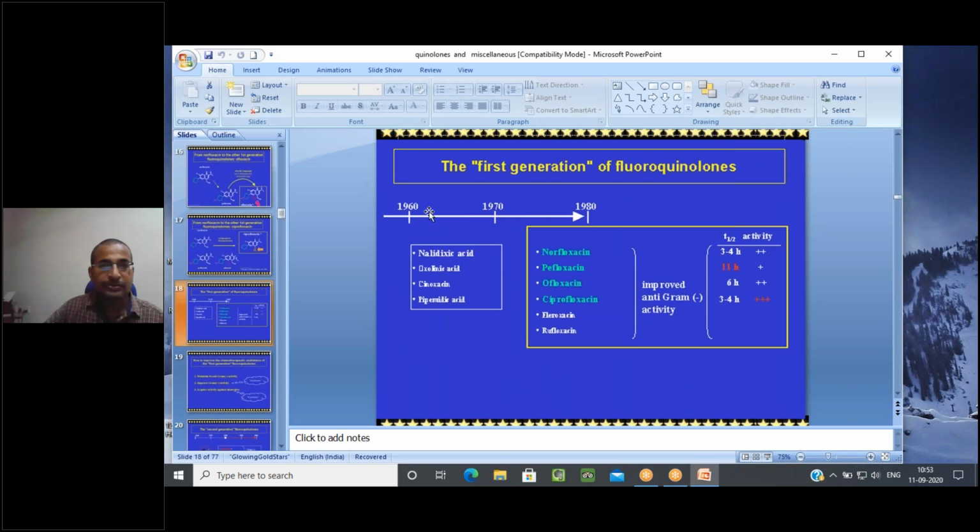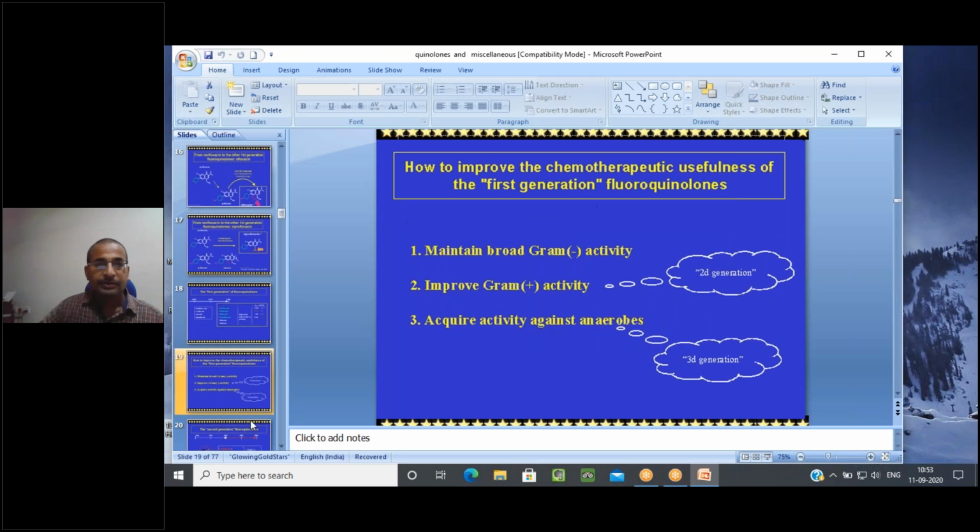Next slide: from the 1960s to the 1980s they found various newer fluoroquinolones. Research is still going on, and they will produce new products which act against various microbial agents. Next, the chemotherapeutic action: how they improved the chemotherapeutic usefulness of first generation fluoroquinolones.